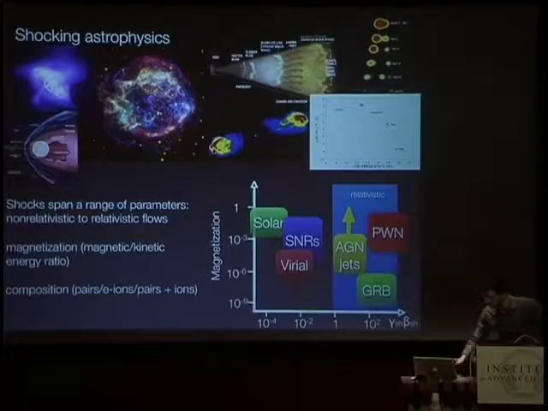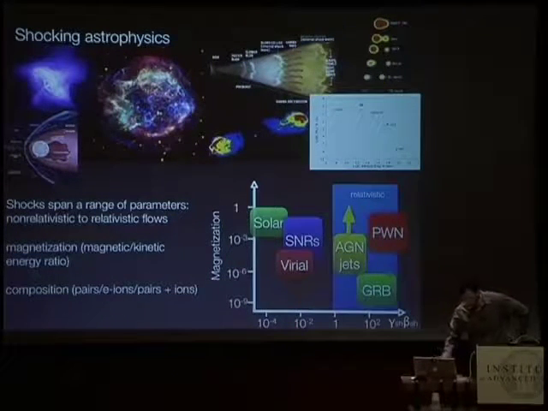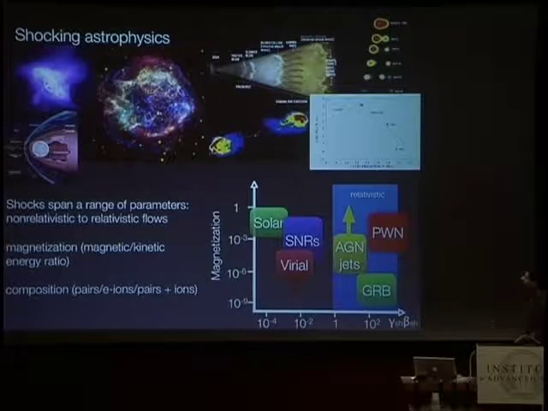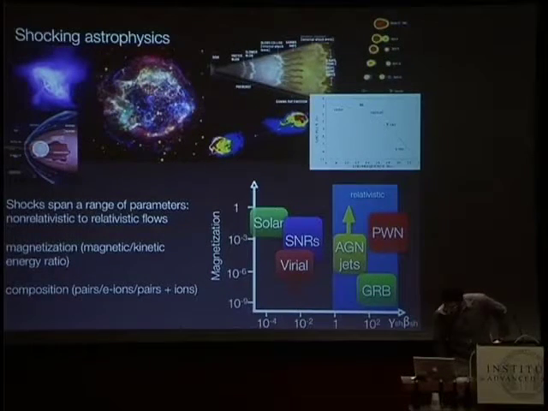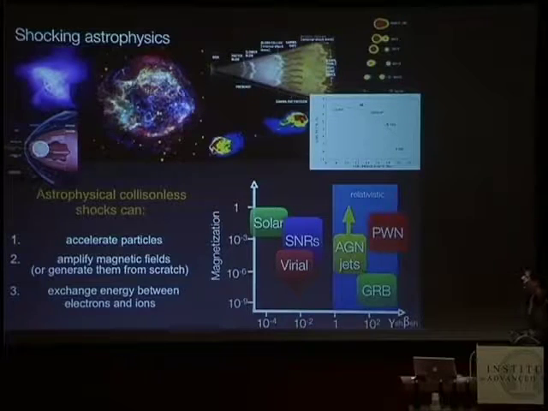So why is this interesting? The reason is that most of these flows seem to display very similar properties. Most of these shocks seem to be able to do three things fairly well. So they seem to be able to accelerate particles and create power law spectra like these.